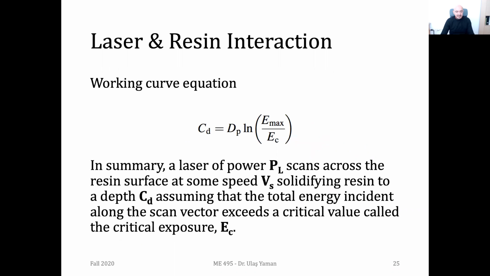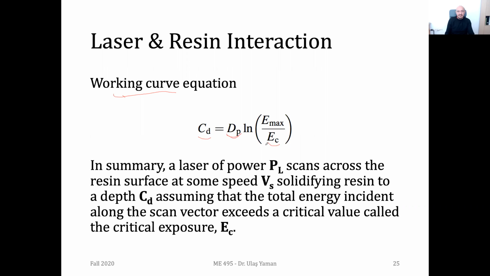So now we have another equation. This is an equation summarizing the resin, and it's called the working curve. Each resin has a different working curve, and with the help of it, you can determine your curing depth. But you need to know the depth of penetration DP and the critical exposure value of that material.